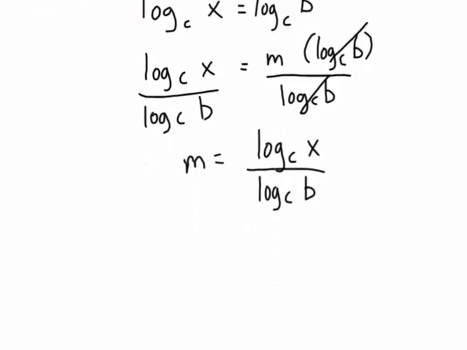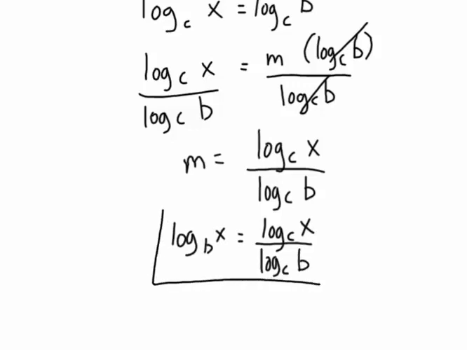So we can change that m to log base b of x, and it'll equal log base c of x over log base c of b. And this is a very powerful rule to change the base. And notice what happens to the base. The base in our logarithm drops down to the denominator, and we can write it in any other base as a fraction, a log over a log.